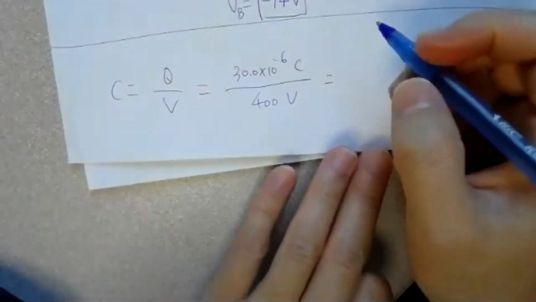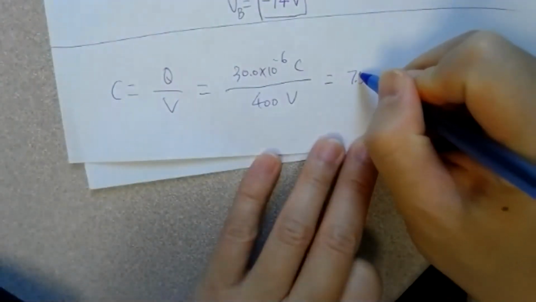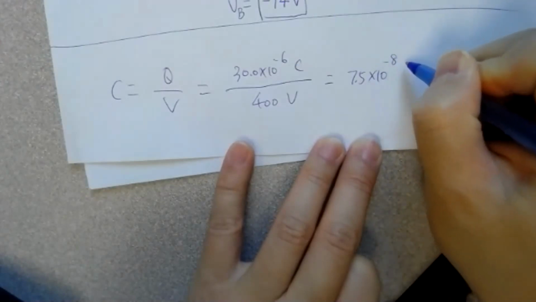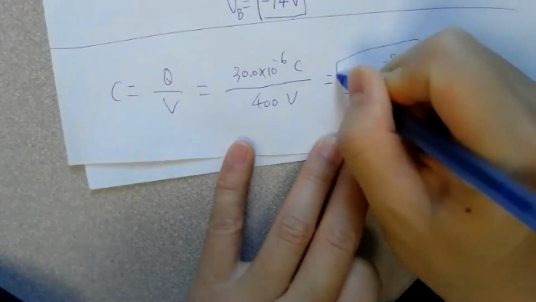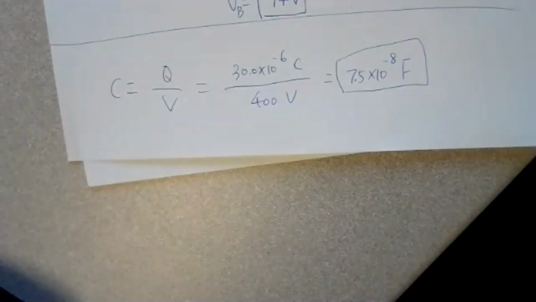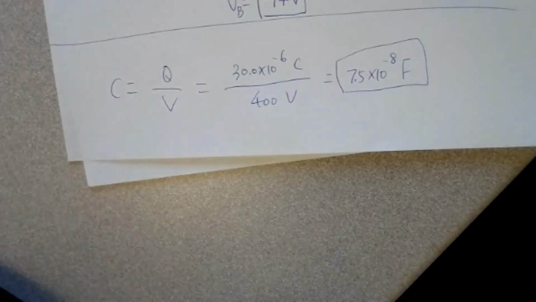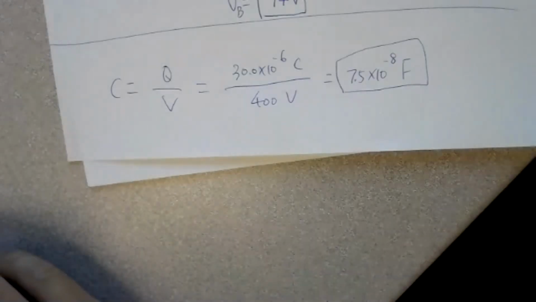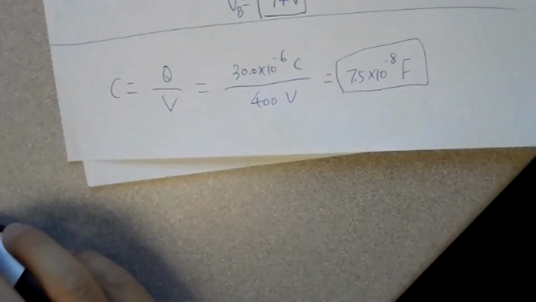So this will give you 7.5 times 10 to the minus 8 farad for the capacitance of this capacitor. Let me know if you have any questions on this one.